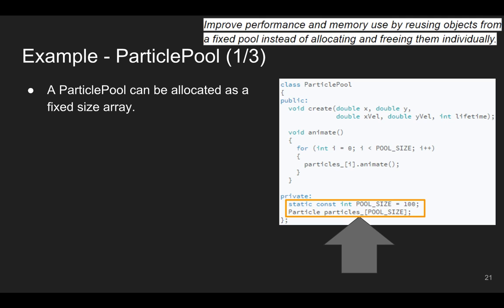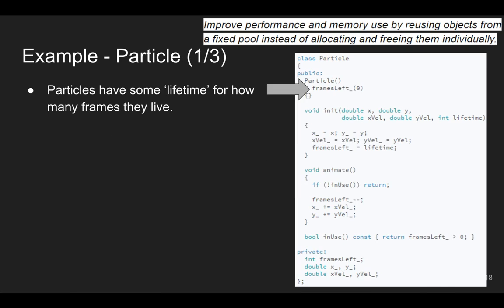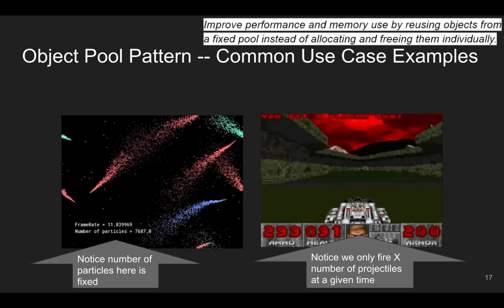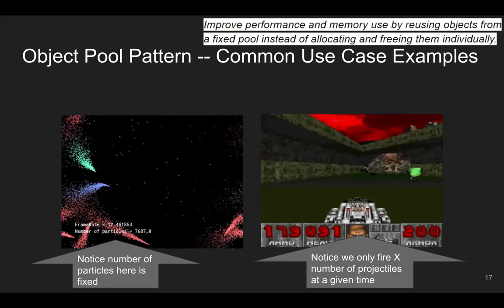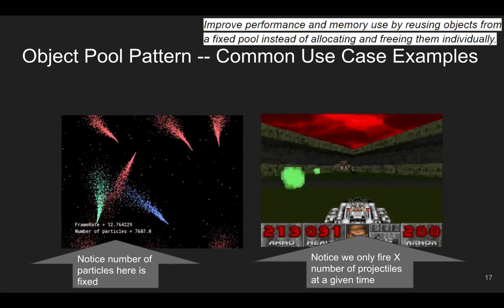So at most this game or particle system supports 100 particles at once, or at least in each pool. At runtime I've allocated this array to a size of 100, and that's it. We're stuck with that. When I need to loop through these particles, I can animate for however big the pool size is. If I rewind to this example, my pool size is 7,687 particles, and that's it.